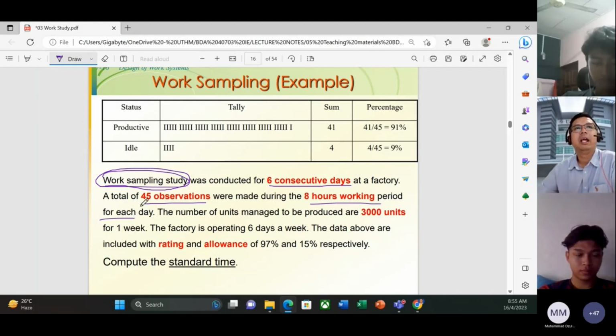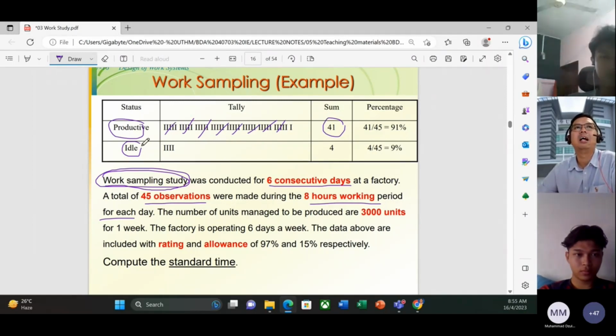Okay, and look at the 45 observations. They are using tally numbers. This is productive. This is idle. So for example, 1, 2, 3, 4, 5, and so on, until they get a total of 41 for productive.